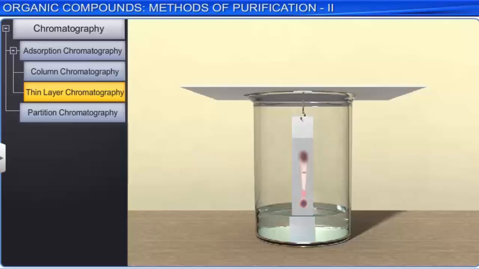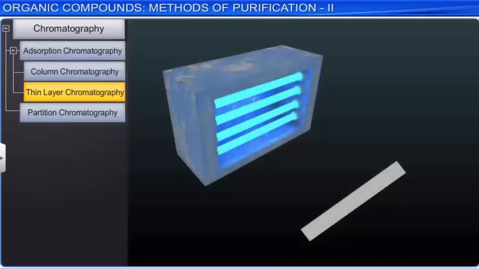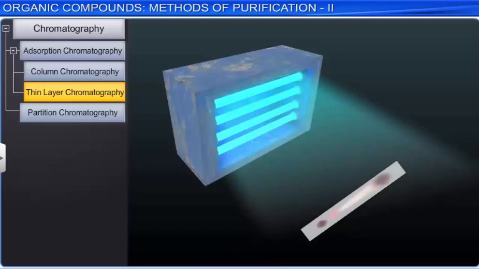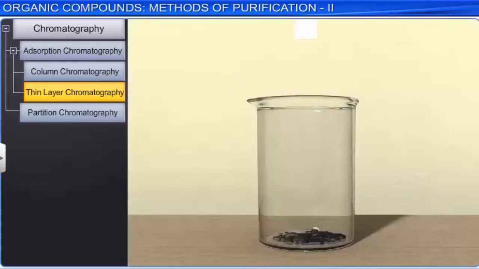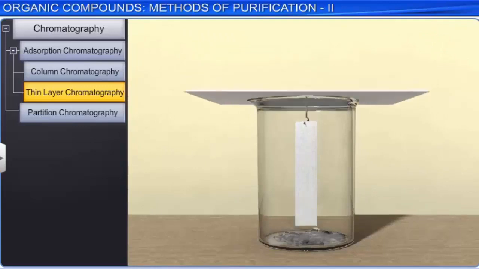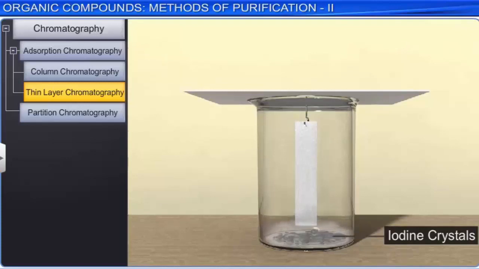The spots of the colorless compounds, which are invisible to the eye, can be detected by placing the plate under ultraviolet light. Another method to detect the spots of colorless compounds is by placing the glass plate in a covered jar containing a few crystals of iodine. The colorless spots of the compounds which absorb iodine will appear as brown spots.